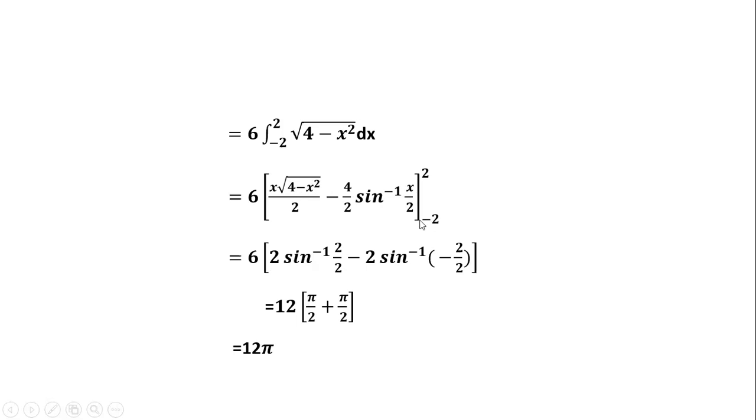And if you put the lower limit, it is minus of minus, which becomes plus, 2 sine inverse of minus 1. So it is equal to 6 into 2 times sine inverse 2 by 2 minus 2 into sine inverse minus 2 by 2. Sine inverse of 1 is pi by 2 and sine inverse of minus 1 is minus pi by 2, so minus becomes plus. So 12 into pi by 2 plus pi by 2 is equal to 12 pi. This is the volume of the region by triple integrals.